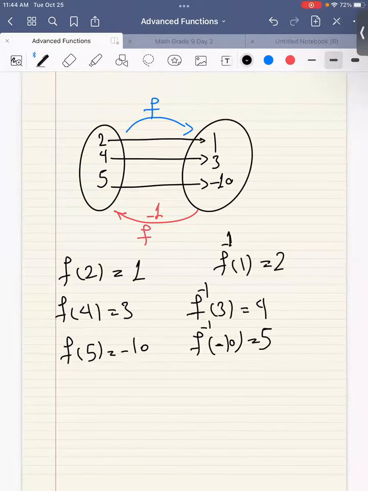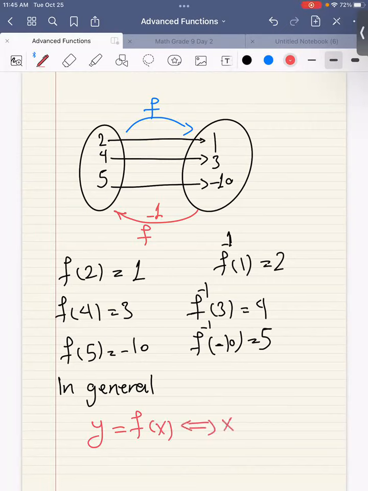So in general, and this is very important, you have to keep this formula. In general, we say that y is equal to f of x if and only if x is equal to f inverse of y. It's like this: f of 2 is 1, then f inverse of 1 is 2.